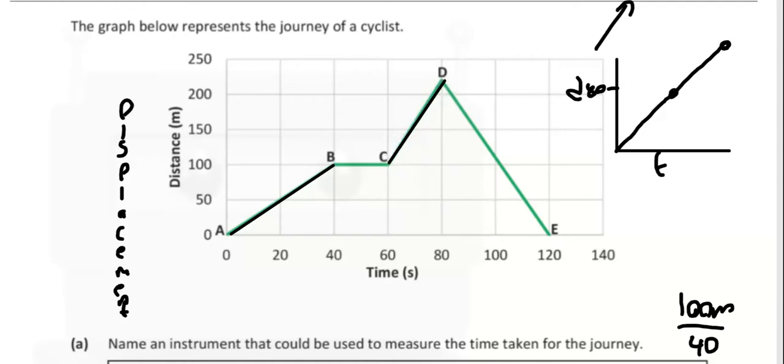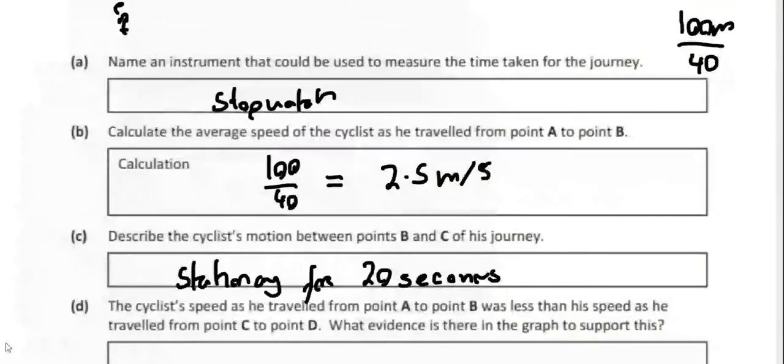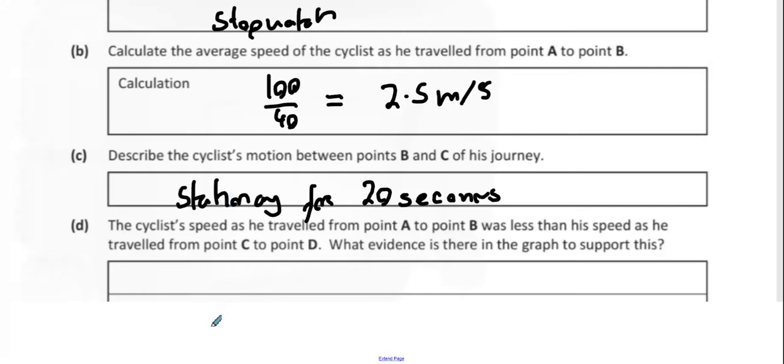If I was to move A to B towards C to D, you can see that the slope isn't as steep as C to D. So all you need to say there, C to D has a steeper slope than AB.